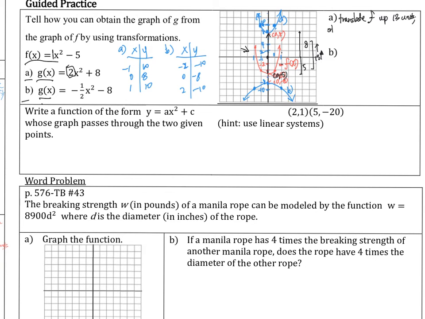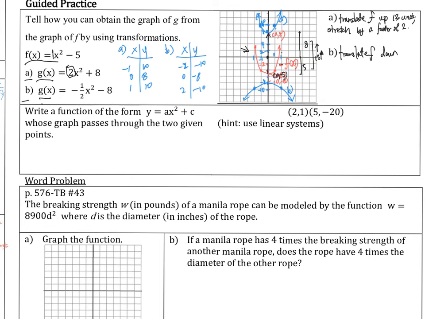You need to stretch the graph of f by a factor of 2. And that's all you need to do. And for part B, it's slightly more complicated. You also need to translate f, not up this time, I'm going to translate down.